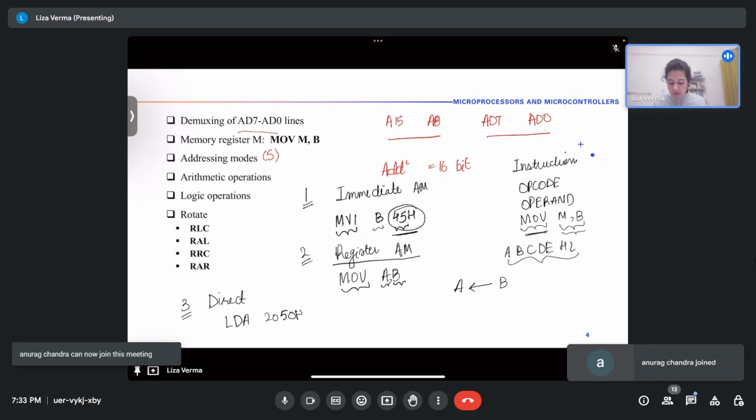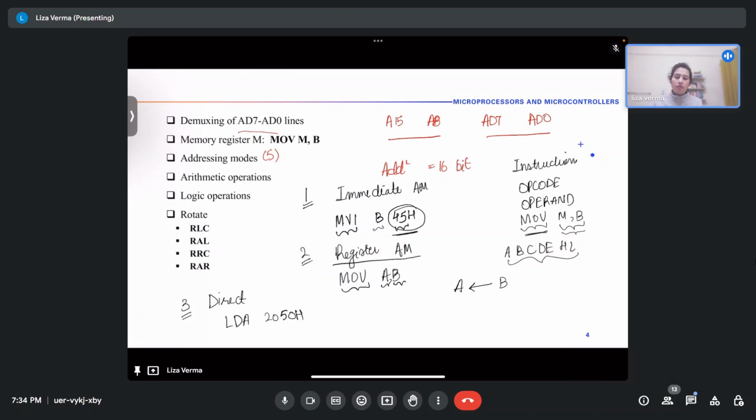This instruction tells the microprocessor to load the content of the memory location which is given as the operand.